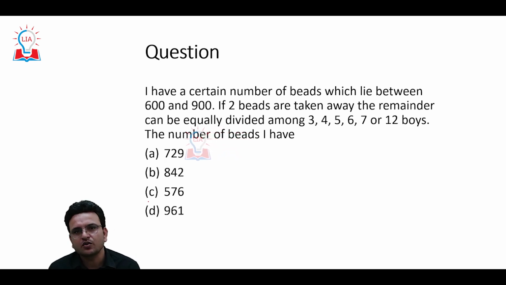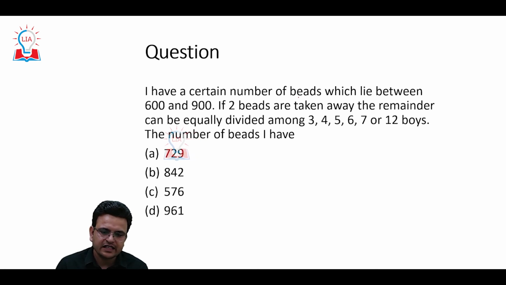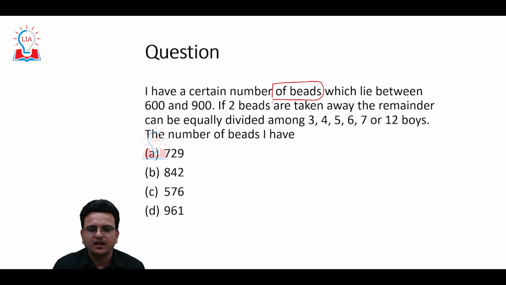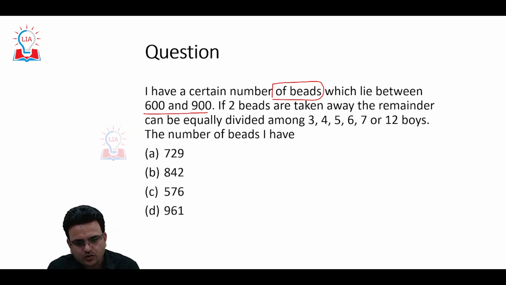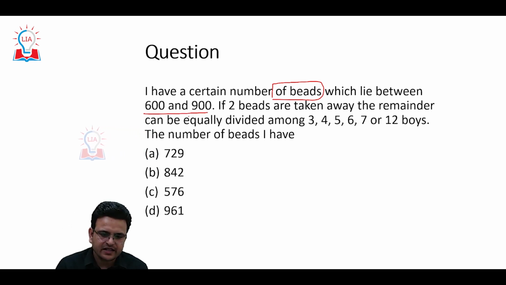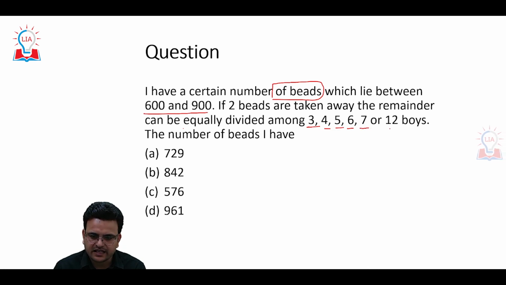Now this question is not much difficult. I have a certain number of beads which lie between 600 and 900. If two beads are taken away, the remainder can be equally divided by 3, 4, 5, 6, 7, 12.